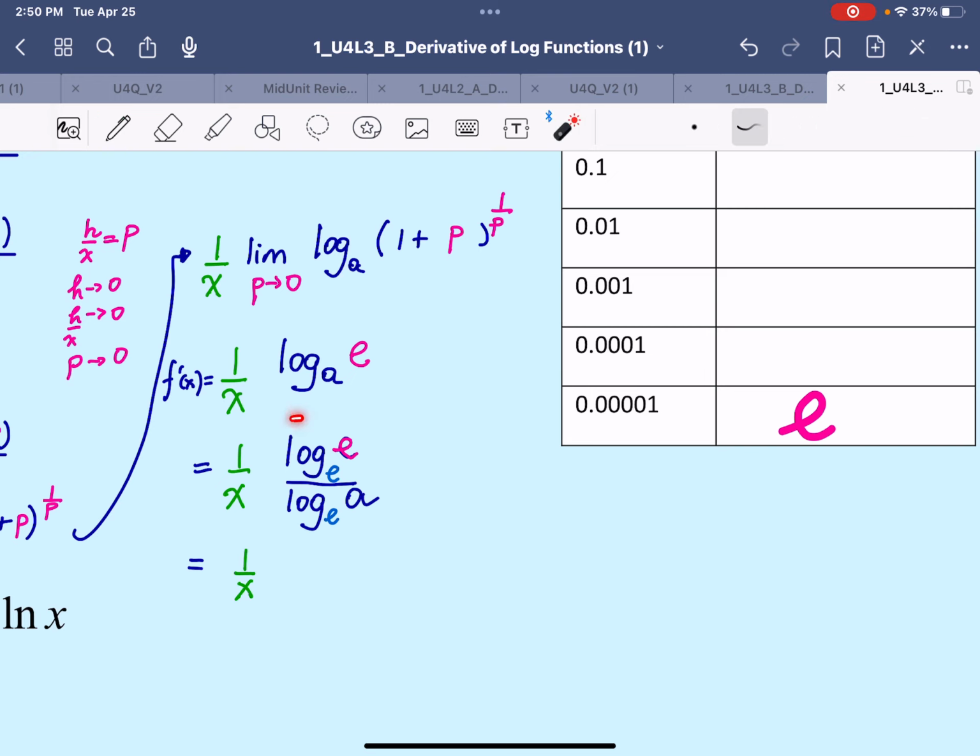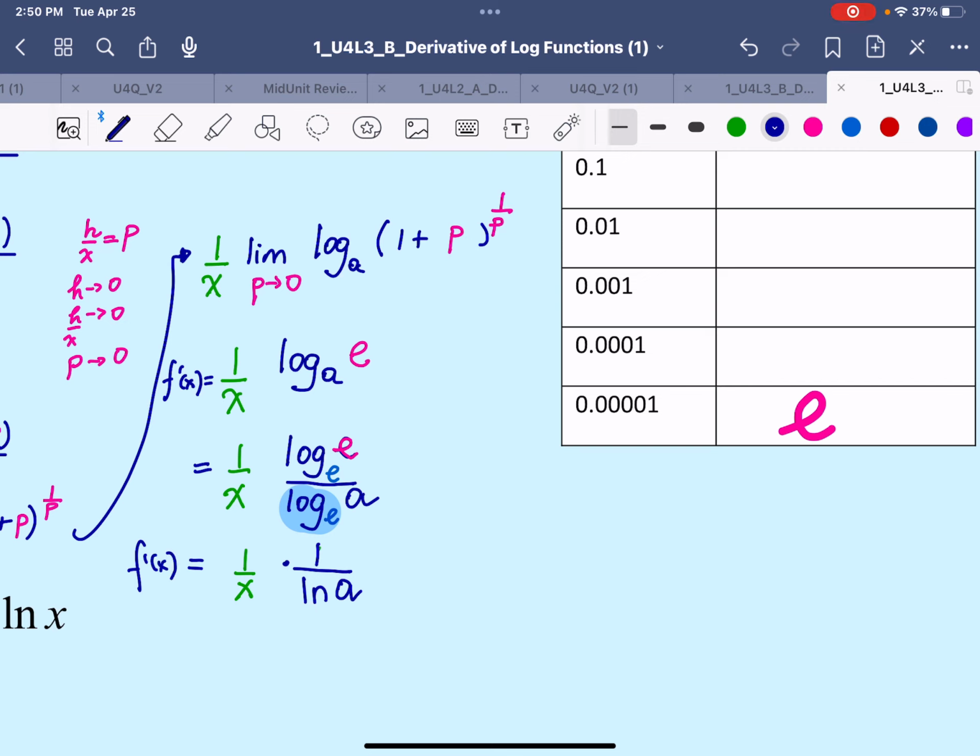Now, log with base e of e is equal to 1 because log with base any number of the same number is 1. And log with base e of a, remember that log with base e is practically ln. So whenever we write ln, it's logarithm with base e of a. And this is the most simplified form of f prime.